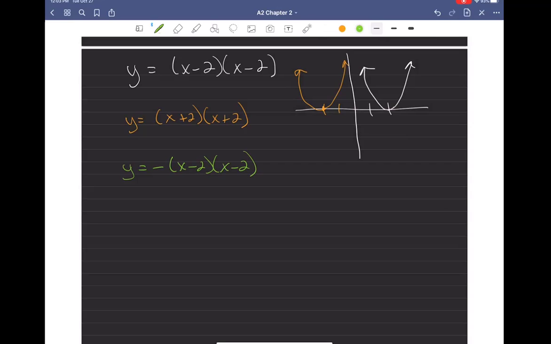And what did that negative out front do? It flipped it. So it kind of looked like this, right? So if we change the values inside the parentheses, it moves it left or right. If we put the negative out front, it flips it.